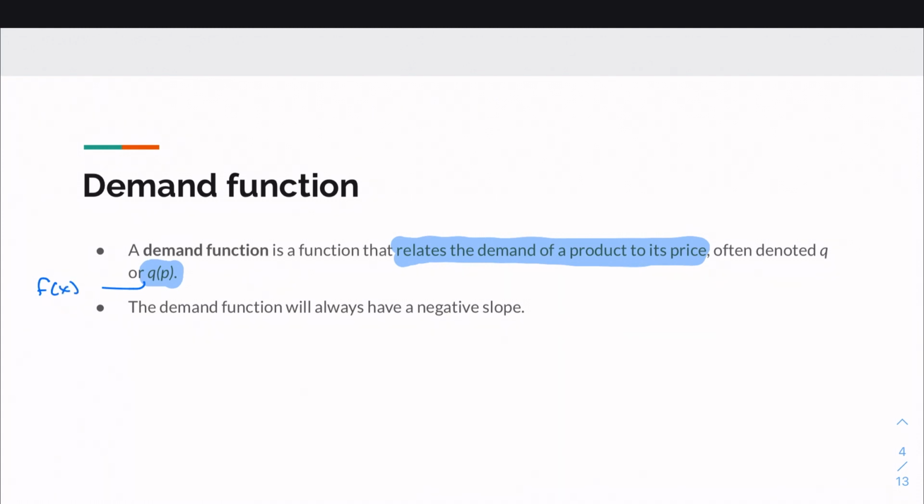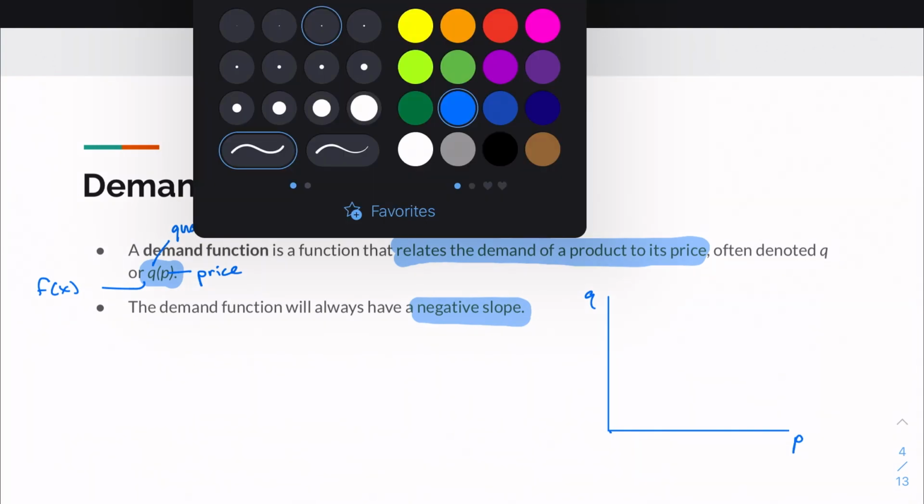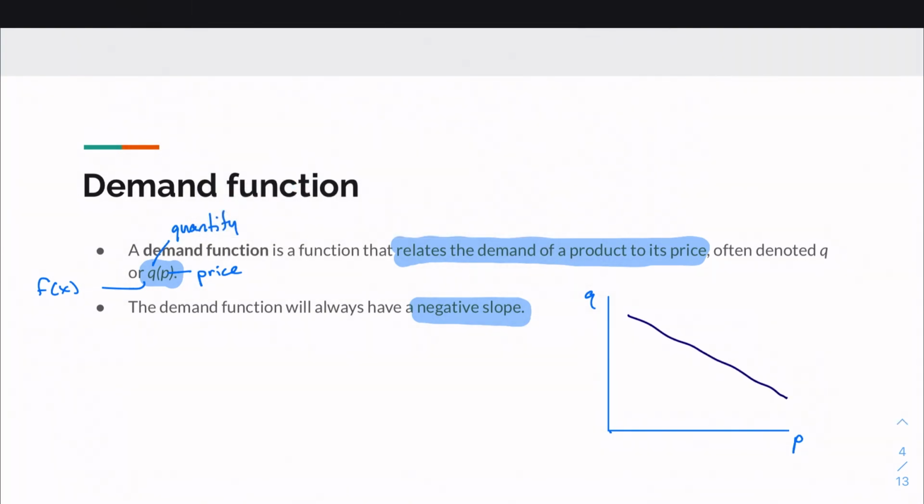We use Q for quantity, and P, of course, for price. The key is that the demand function will always have a negative slope. So if I have, really quickly, just a graph here, showing my price and my quantity, I will always have a negative slope, something like this.